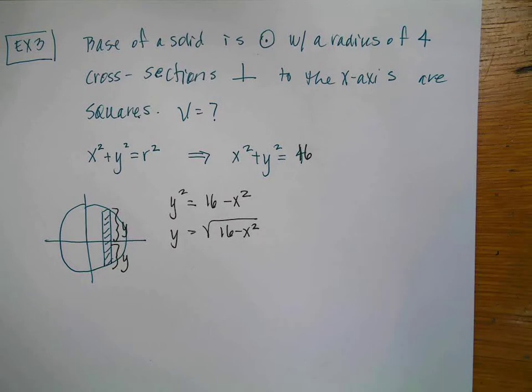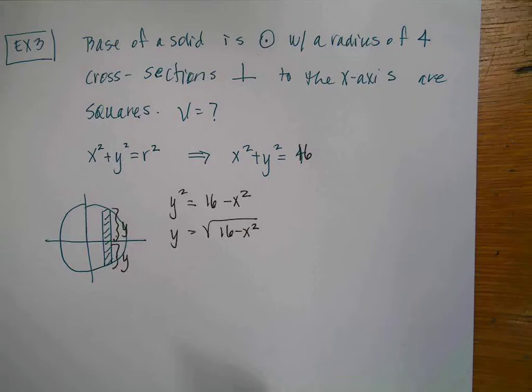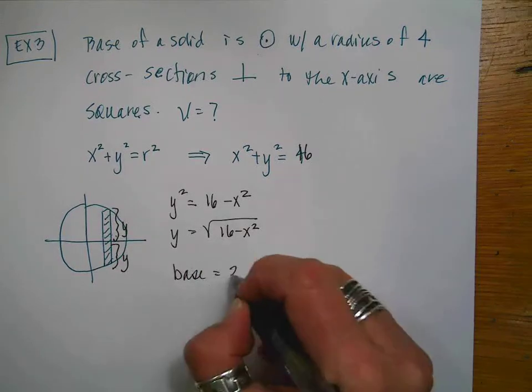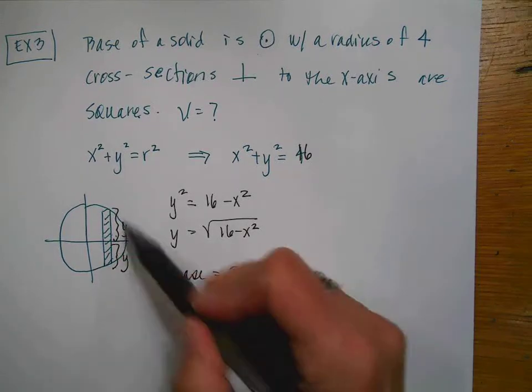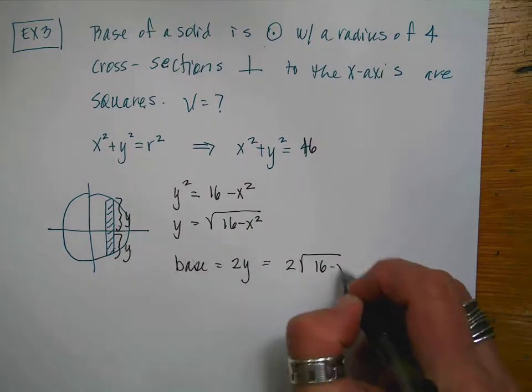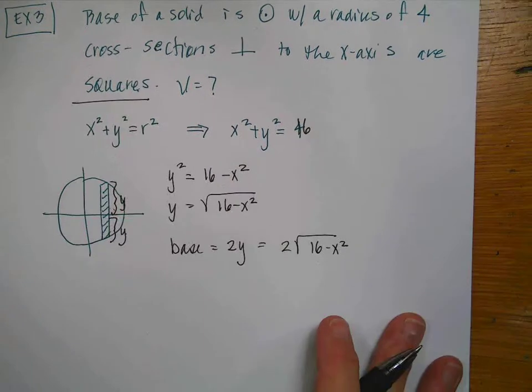Y is going to equal the square root of 16 minus x squared. And I'm only using the positive root because I just need y, and then I can double it. So the base is going to be 2 times y, which is what I've shown here. So that's going to be 2 times the square root of 16 minus x squared.